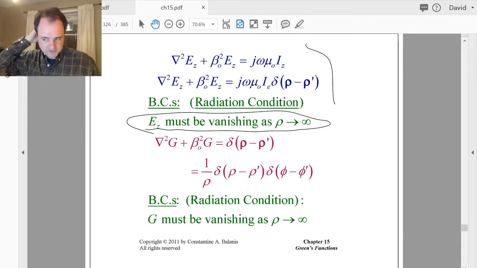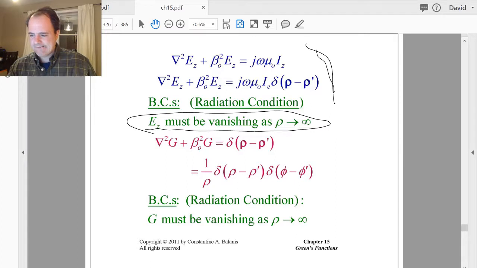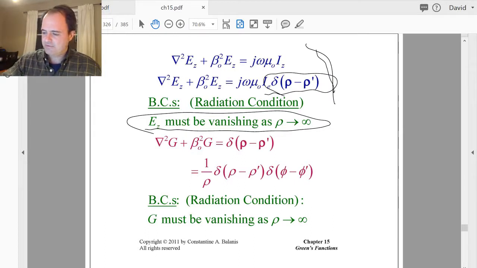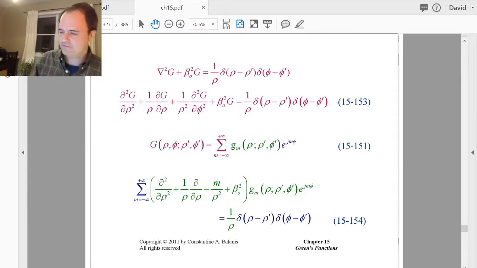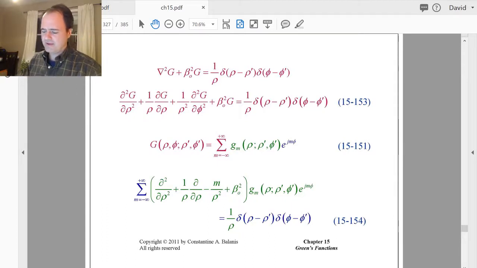So here's our differential equation with the line source being at rho equal to rho prime. And so our Green's function must satisfy this right here. We have no z dependence, so this is what we use. And the G also has a radiation boundary condition. All right, so this is what the Green's function must satisfy.